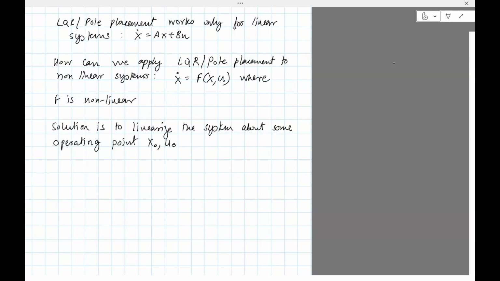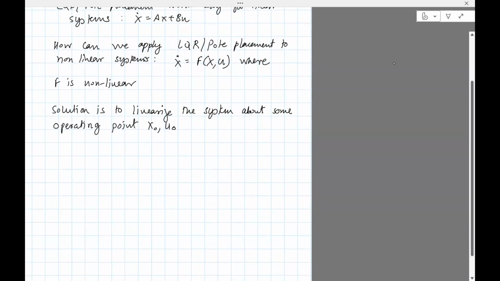Let's say there's a quadcopter, for example, that's nonlinear, but maybe it's operating at a certain speed with a certain control in free flight. You use that point to linearize the system, and then you use the deviations from that point as a way to compute A and B. So that would be linear, and then you can use control on that. We'll see how to do this.